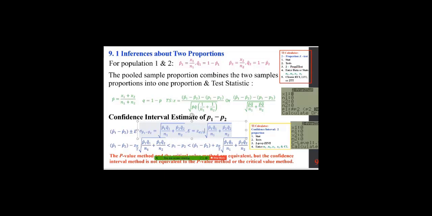Needless to say, this is a little bit more complicated. I want to remind you of what happened when we dealt with one sample. The confidence interval was p hat plus or minus E. Now the confidence interval is p1 hat minus p2 hat plus or minus E.